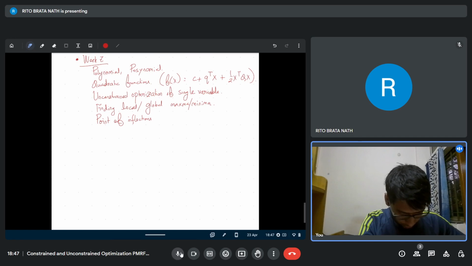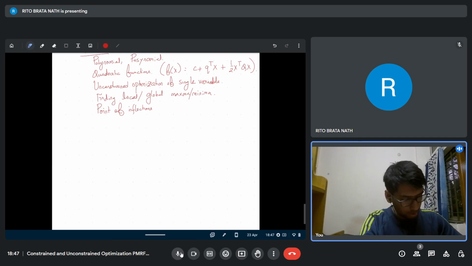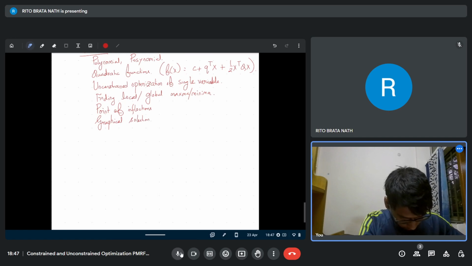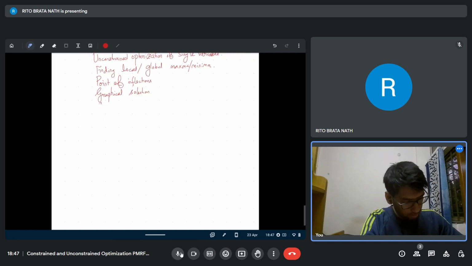Then what you had is graphical solution, similar to what you had in LPs. Okay. Stationary points and saddle points.